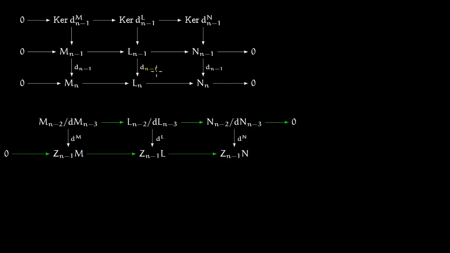So in the proof of the snake lemma, we showed that if you're given a diagram like this, then you can form an exact sequence like this. So this is the kernel of this map d_{n-1}, this is the kernel of this map, this is the kernel of this map. What is this?